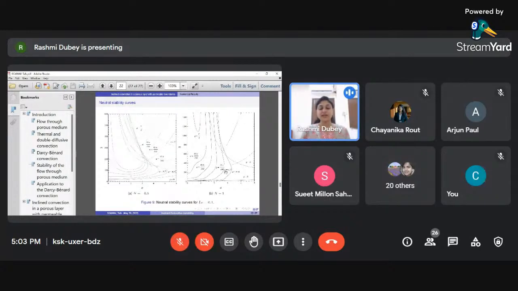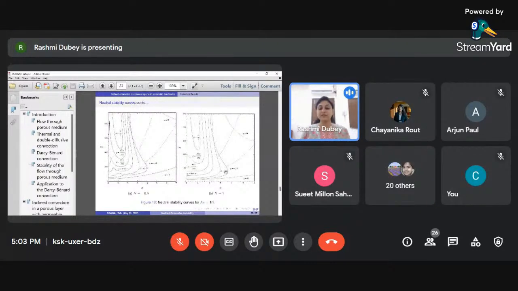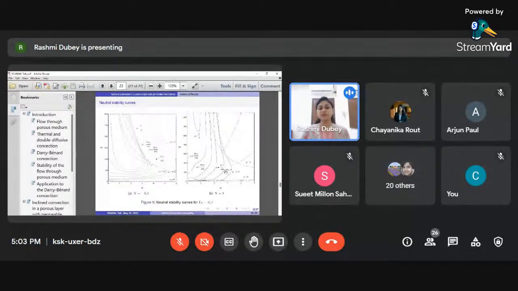This figure represents the case when we have thermal diffusivity comparatively much higher than the solute diffusivity. The last case corresponded to the magnitude of thermal diffusivity much less than the intensity of solute diffusivity. But here the intensity of thermal diffusivity is much higher.